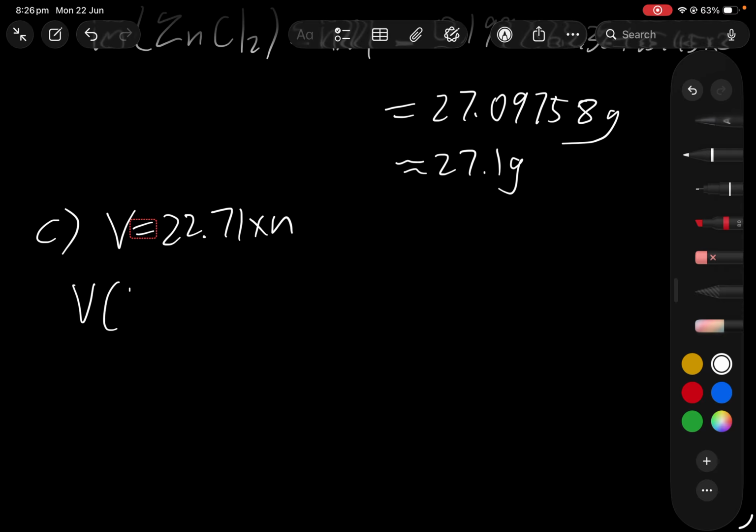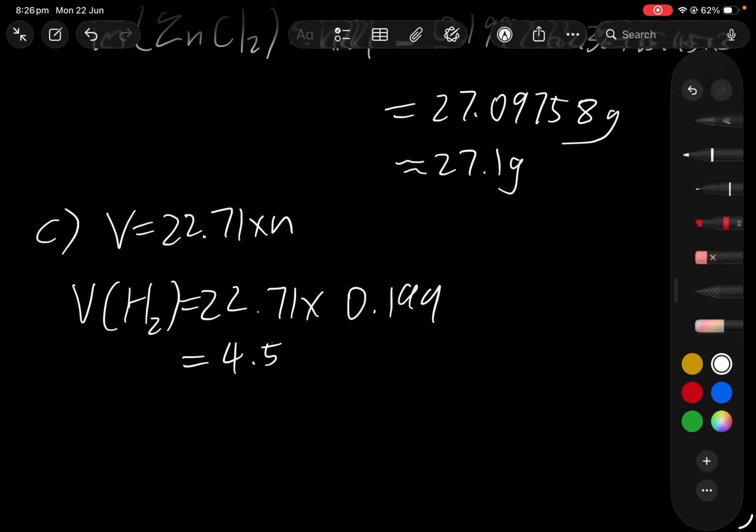So the volume for H2 will be 22.71 times 0.199, which equals 4.5156, which is 4.52 liters. That is indeed correct. All right, that's it for this question.